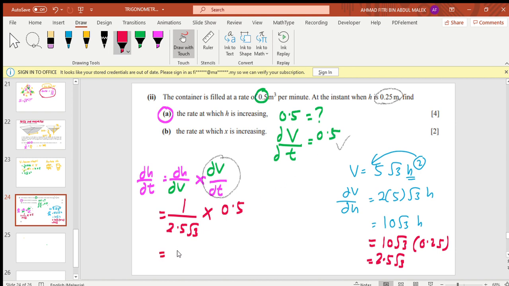So your final answer is 0.1155. Done with that.